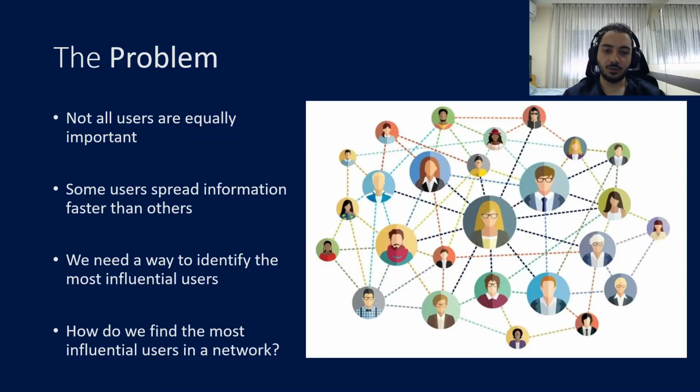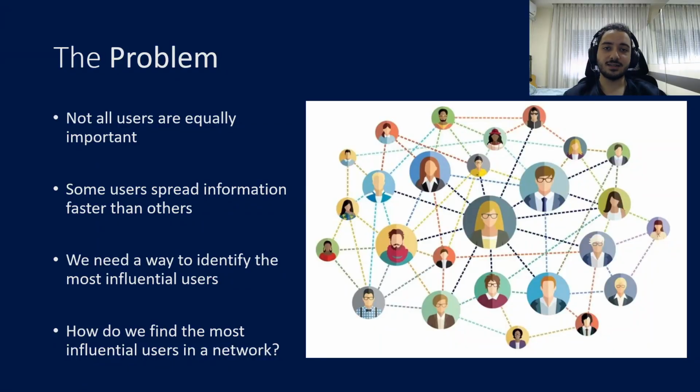This brings us to the main problem. In a large social network, there are millions of users, and clearly, not all of them are equally important when it comes to spreading information. Some users act as major hubs, spreading information very quickly, while other users might have very limited reach.